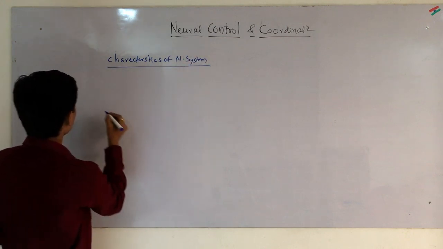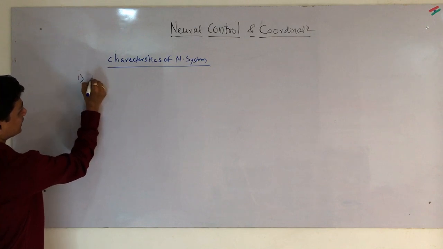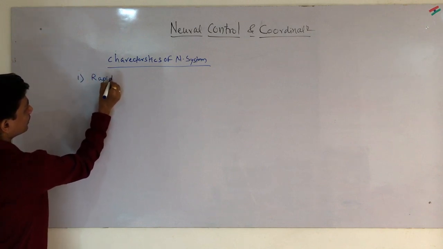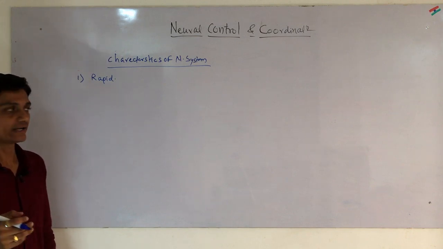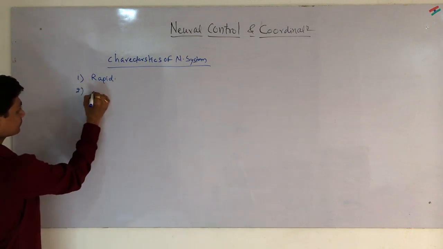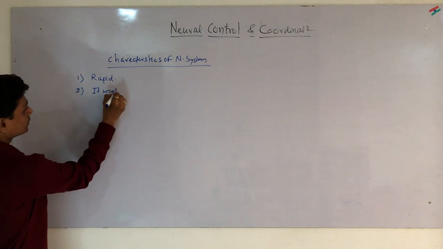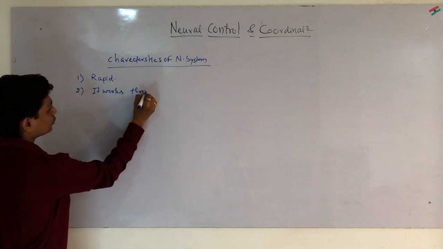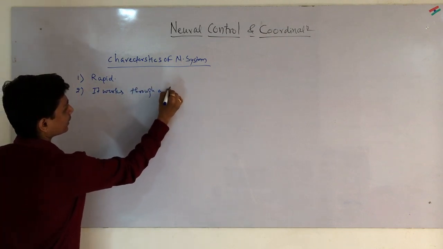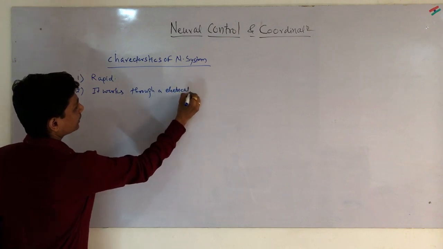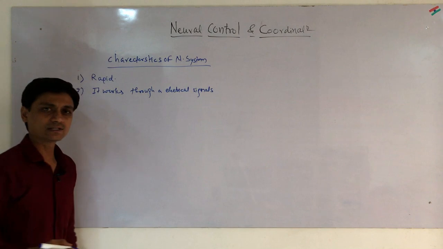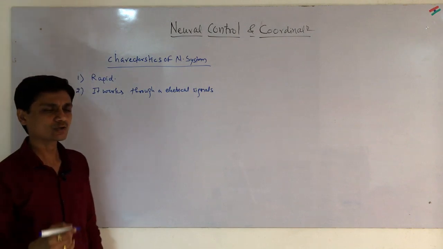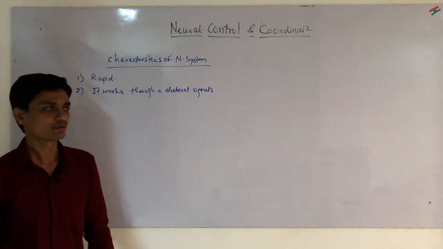In that, the first characteristic is that it is rapid. The action of this nervous system is very fast, very rapid. Second, it works through electrical signals, also known as electrical impulse, or nerve impulse.